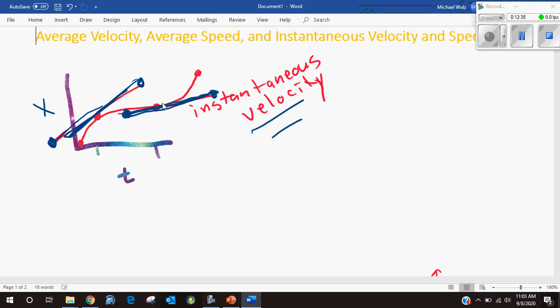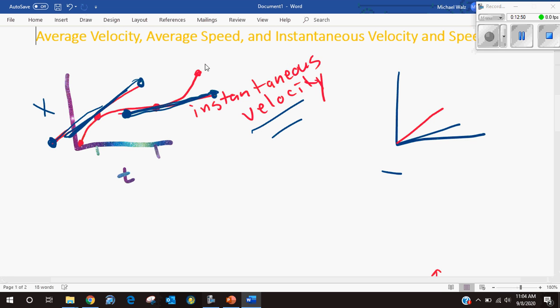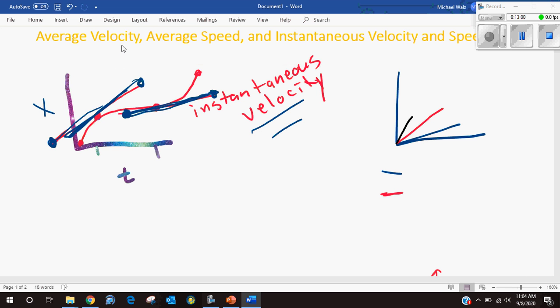Now, just to refresh your memory, if you have a slope here, okay, so I'll put a little mark there so you know what that one is. And if you have a slope here, that red one, there's a slope, and you have another slope here. The question is, what's the difference between these two slopes?